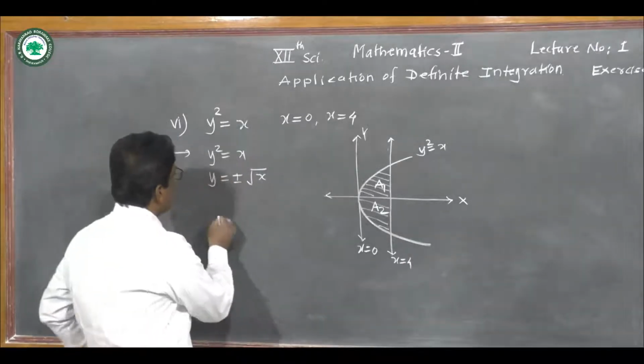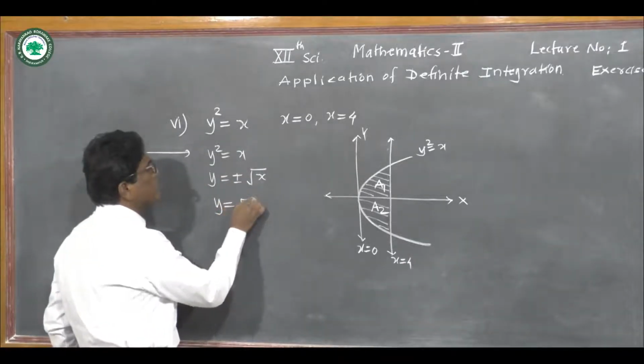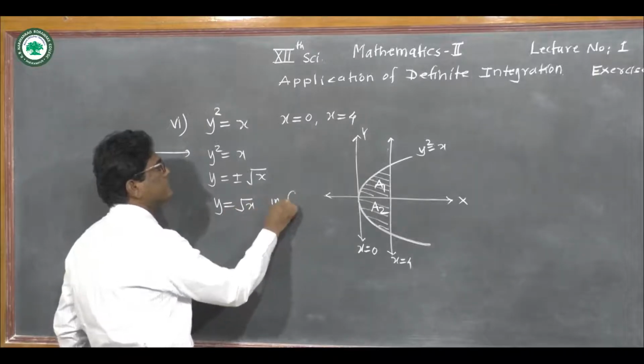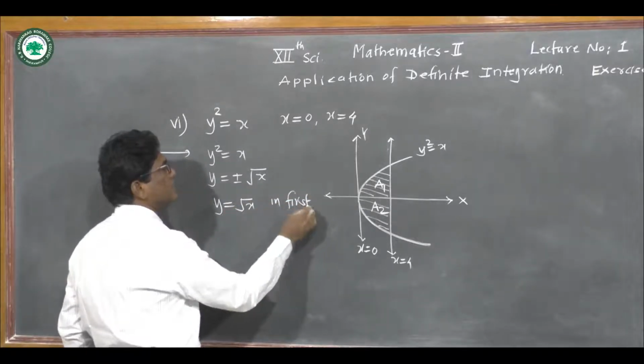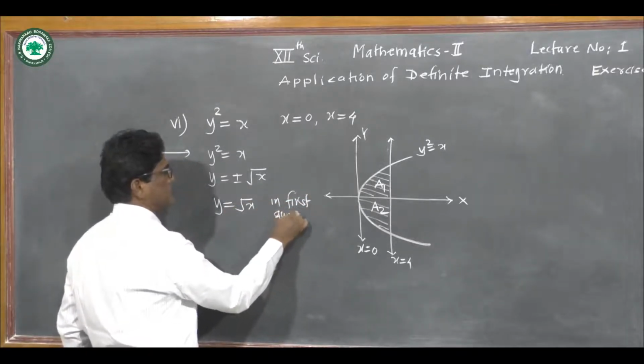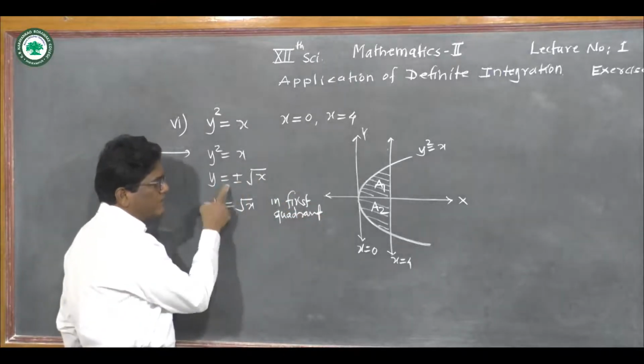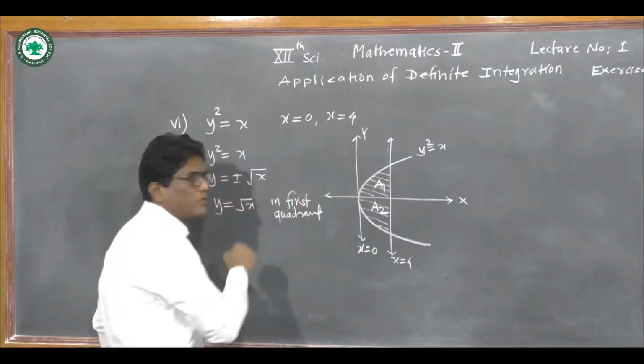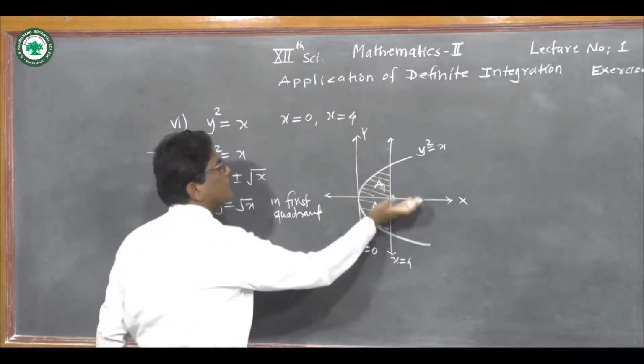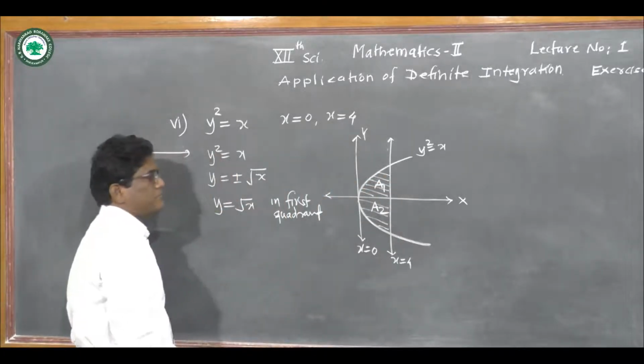Now here we take y is equal to root of x in first quadrant, and y is equal to minus root x in the fourth quadrant. This parabola lies in first quadrant and fourth quadrant.